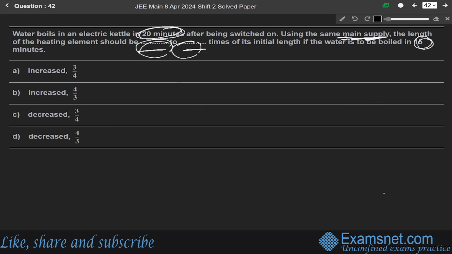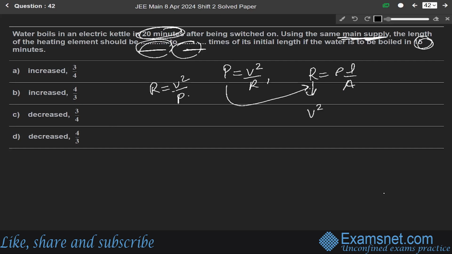We will use the formula for power. P equals V square over R, and resistance R equals rho L by A. So R equals V square over P equals rho L over A, and we see that power is inversely proportional to length.